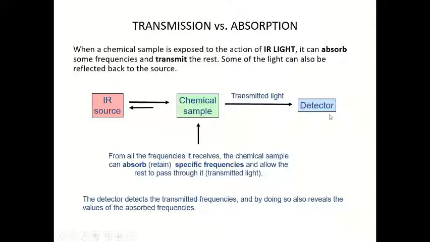Then the detector gets the signal from the difference between the irradiated source and the transmitted light that is getting detected, right? This difference is going to be the absorbed energy, and will give the signals for the specific chemical sample, right?